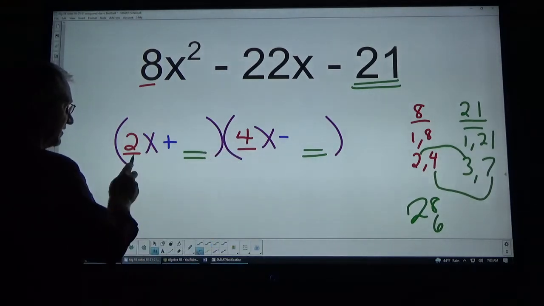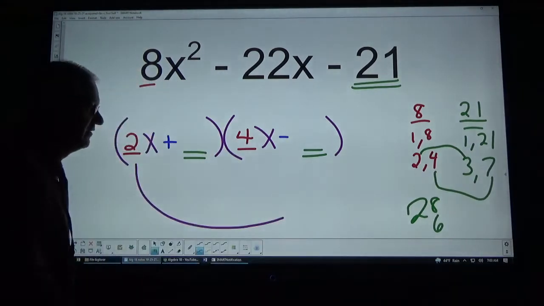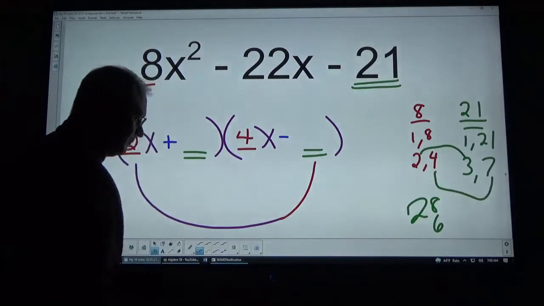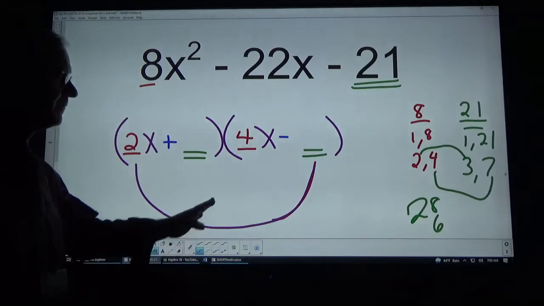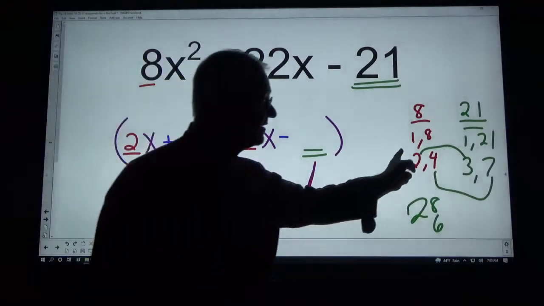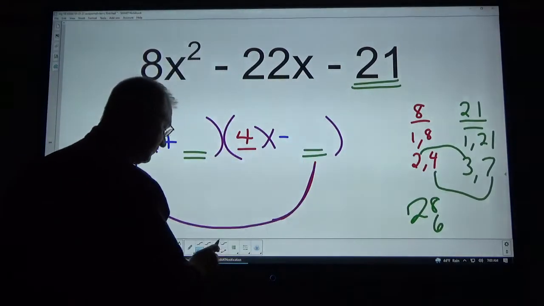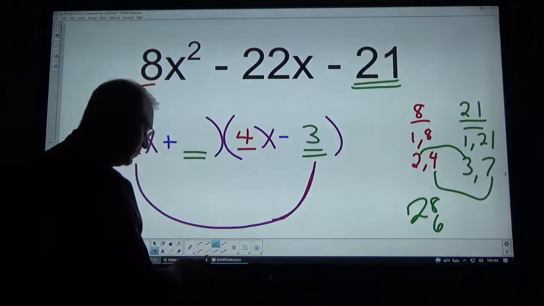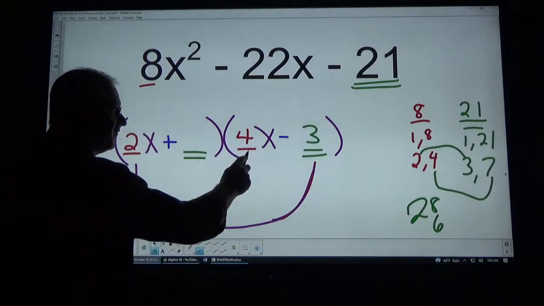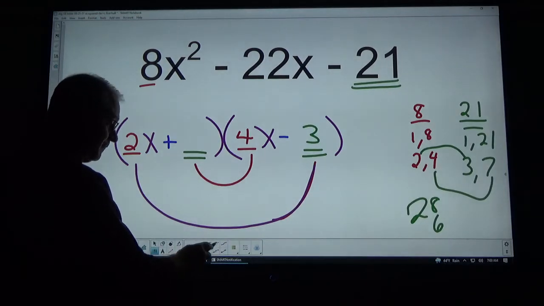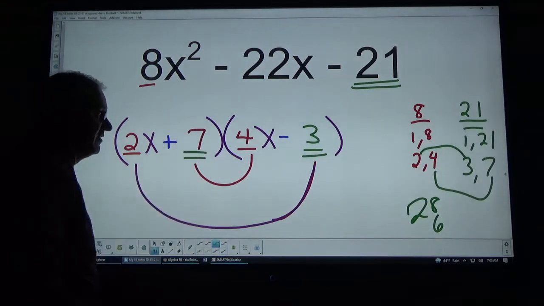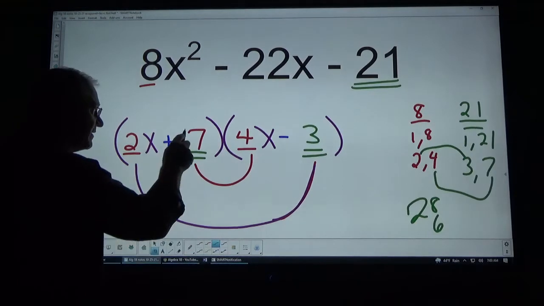We know that 2 is supposed to be connected to 3, so I'm going to fill in 3 here, and that 4 is supposed to connect to 7. So I'm going to put 7 here.